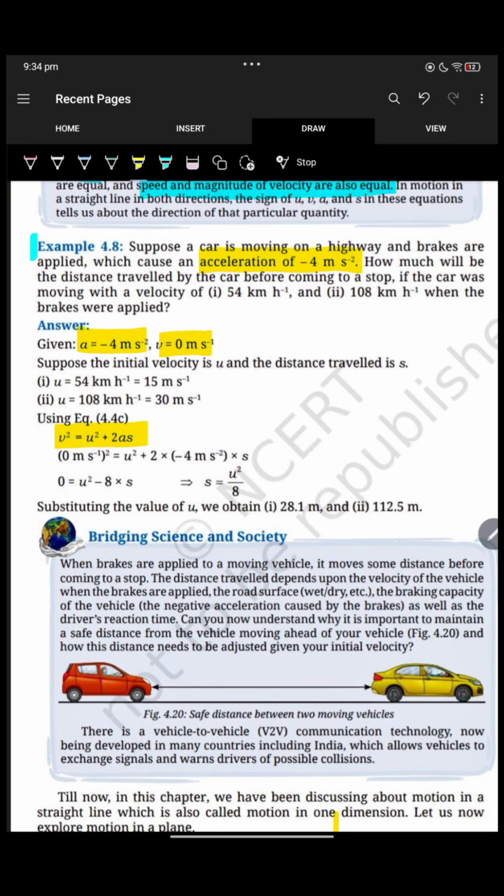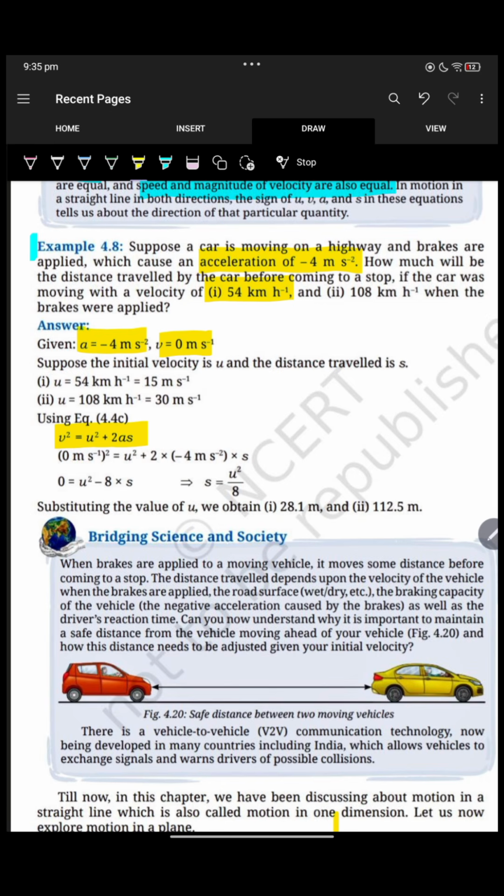You have to assume here that the car was moving with a velocity of 54 kilometer per hour. So convert this kilometer per hour to meter per second. How can you convert kilometer per hour to meter per second?